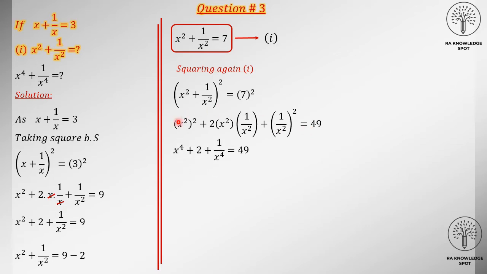Now expanding, 2 2s are 4, 2 stays as it is, and 49 also as it is. Once again, just like before, the 2 is positive, on the other side it will be negative, and when you subtract you will get 47. This is 47. This is the answer of the question, because you just have to find the two parts. The one is this and the other is this, that is 47.